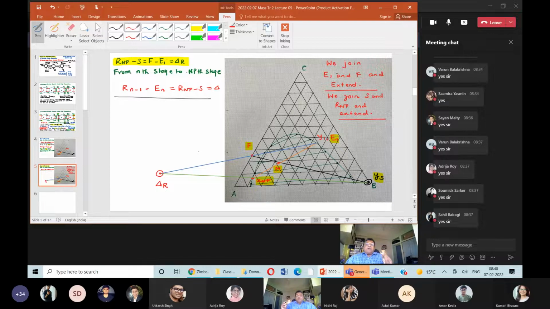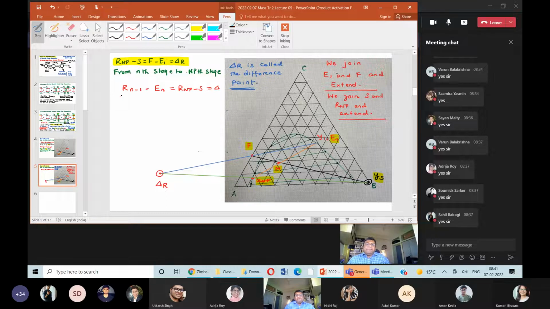So delta R is called the difference point, and this is how it is located on a graph paper. I would request all of you to kindly go through Treybal today once to get this concept clear. Only listening to my lectures is not going to be adequate.